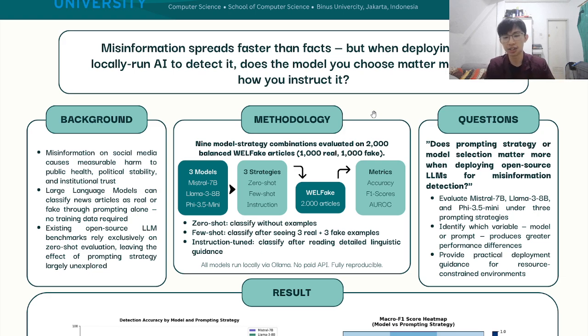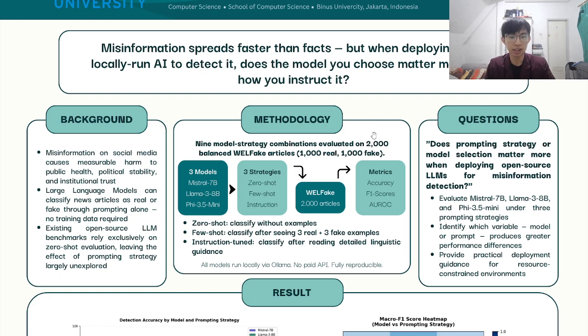The last one is instruction tune. Instruction tune is a very detailed prompt, where we give it a guide on how to detect the real and the fake ones, but in this prompt we don't provide any examples.